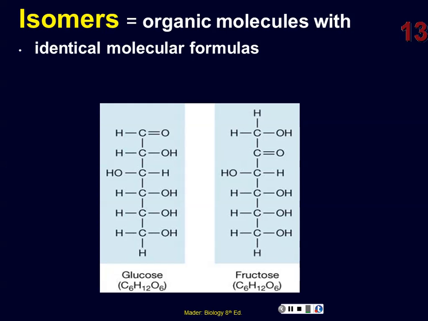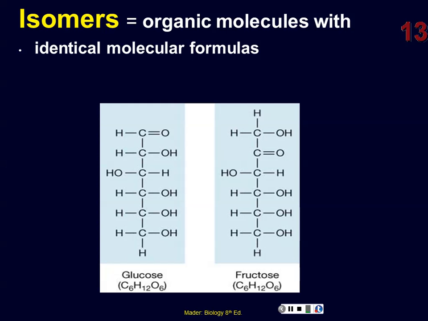Okay? So I have, as an illustration here, 2 different substances. The one on your left is glucose, and the one on your right is called fructose. They're both sugars, and they both have a molecular formula of C6H12O6. They both have 6 carbons, 12 hydrogens, and 6 oxygens.